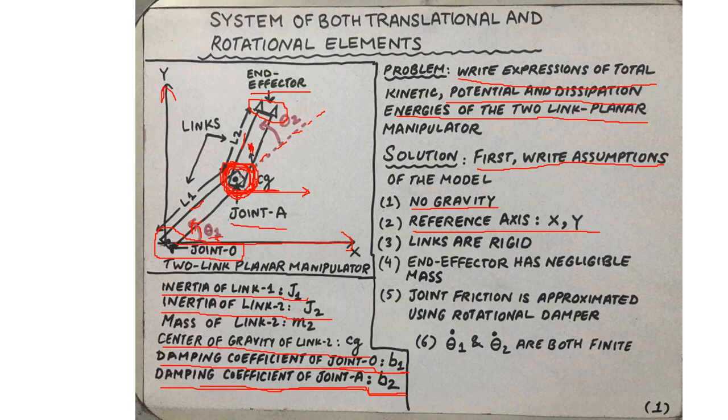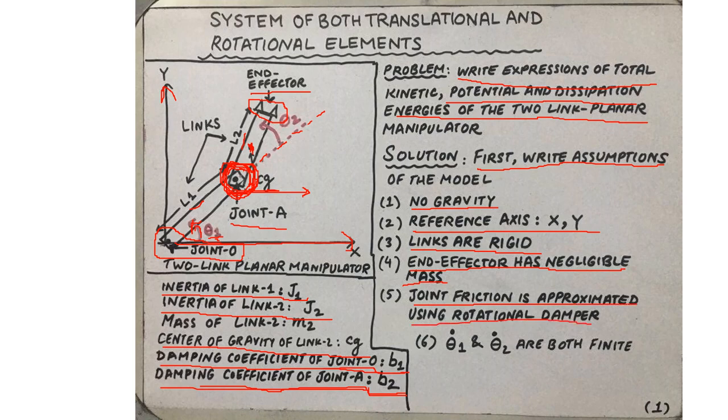Furthermore, as already assumed, the links are modeled as rigid bodies and they have corresponding mass moment of inertias and masses. We shall also assume that the end effector has negligible mass. Therefore, it is discounted from the system dynamics. And finally, the joint friction has been modeled by means of a rotational damper.